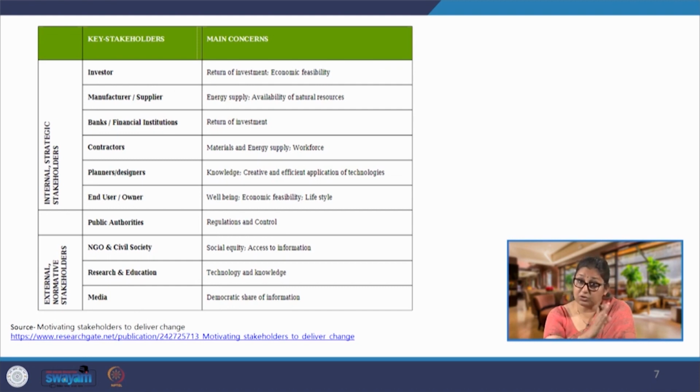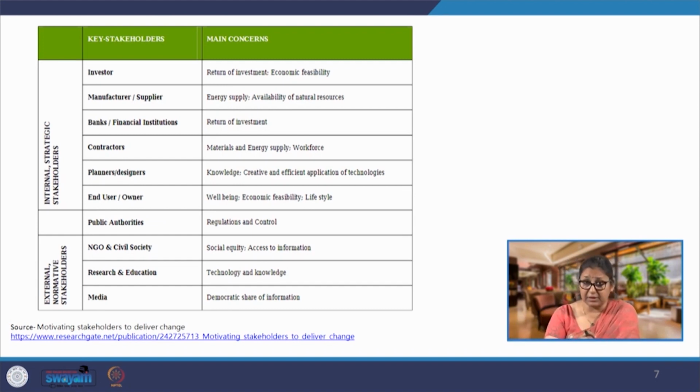Then we also have stakeholders who are not directly connected with the building life cycle, but they are remotely connected or indirectly connected. For example, there could be public authorities who are involved in regulations and control of these buildings, NGO and civil society who are talking about social equity and access to information, research and education. So, not directly the architects and engineers, but for example, academicians who are creating this body of knowledge which is to be applied by the engineers and architects.